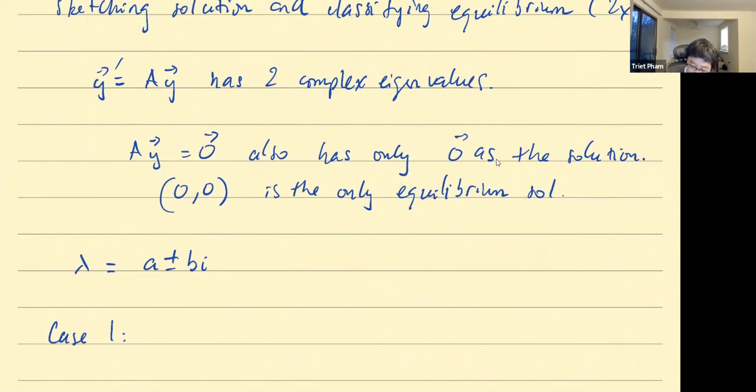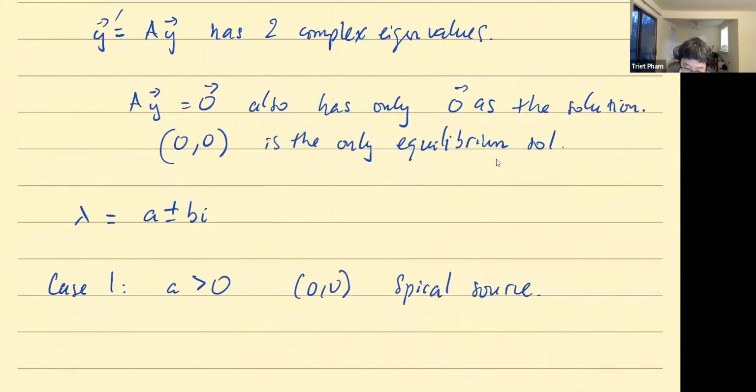Case 1, A is positive. Then the origin will be classified as a spiral source. Okay. I think it's clear. So first of all, let me write this. Basically, because of this, the solution will be something like this. C1, so e to the at, right?